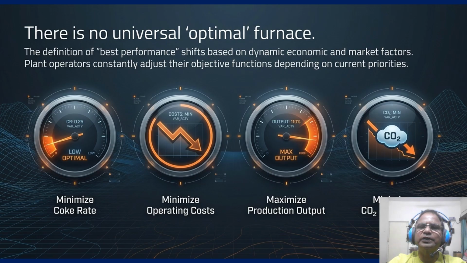However, there is no one permanent definition of optimum blast furnace performance. The target changes according to plant needs. Sometimes the goal is minimum coke rate, sometimes it is maximum production. In some situations, the goal may be minimum cost or lower CO2 emission. So the optimization model must be flexible. The furnace target should match the current business and operating priority.